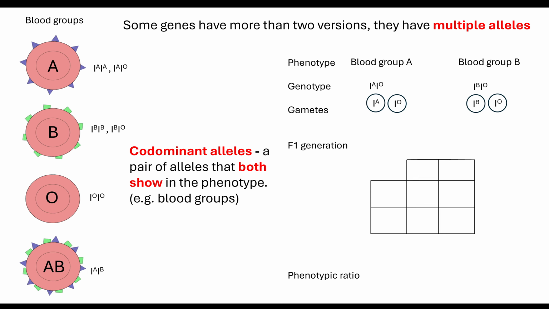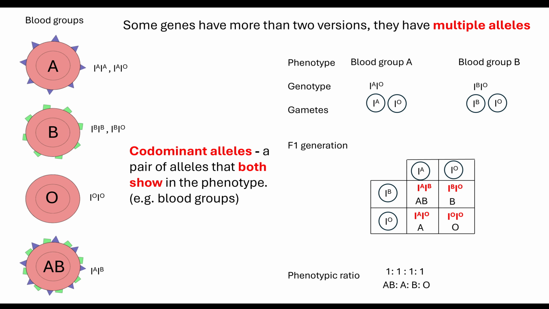If we cross them together, you would get all 4 possible combinations. Remember, the phenotypic ratio is a 1:1:1:1 ratio, but it may be that the parents produce offspring that all have exactly the same blood group. That is because of random fertilization of which egg and which sperm are fertilized.